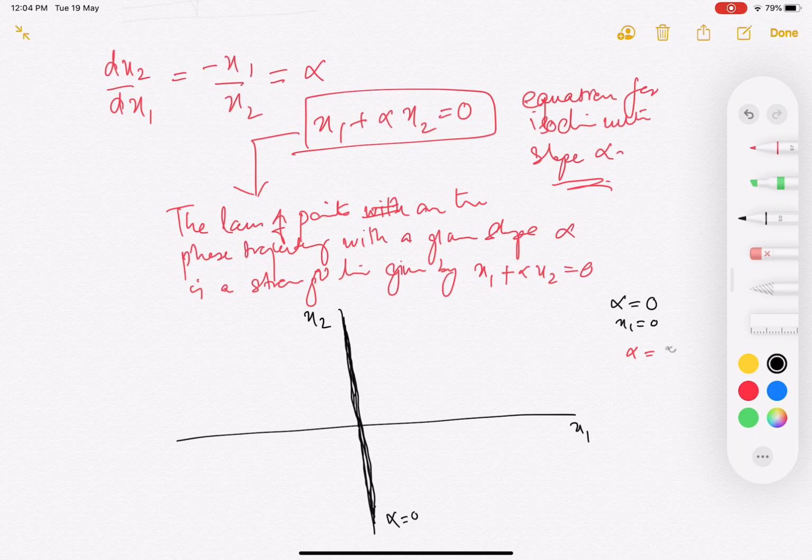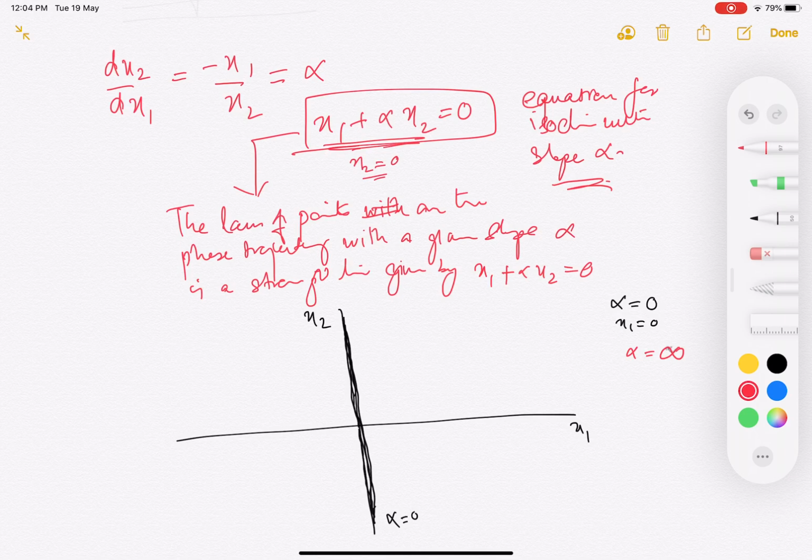Tan 90 is going to be infinity. So what is the locus of the points where alpha is equal to infinity? Alpha is equal to infinity means a slope of 90 degrees because tan 90 is infinity. So when alpha is infinity, from this equation, you will get the other line. You will get the line x2 is equal to 0.